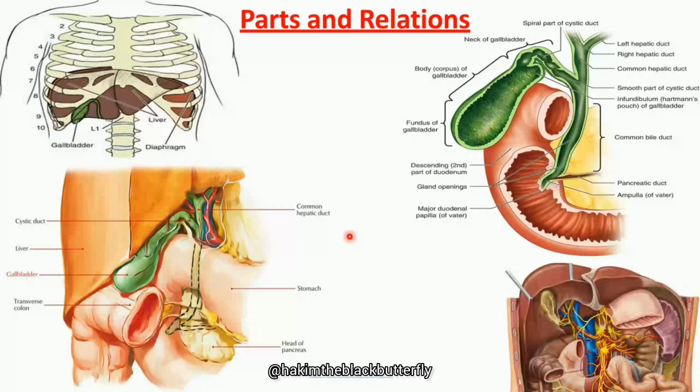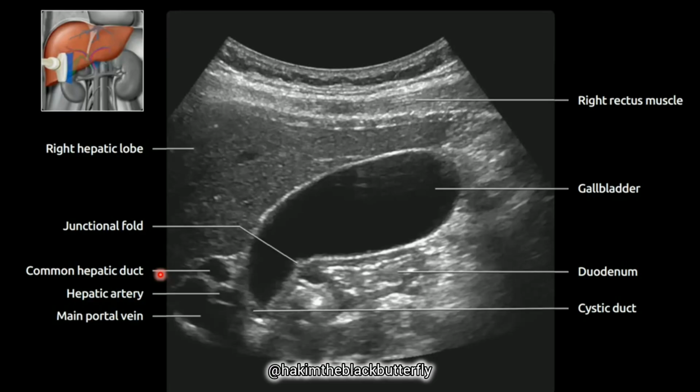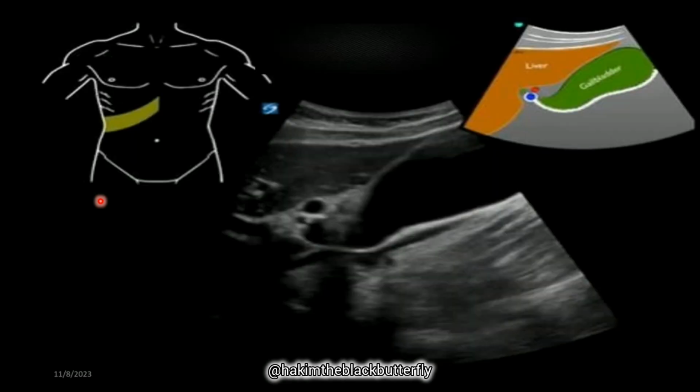As we've seen in this image, the duodenum lies posterior to the gallbladder. Okay, so all that can be appreciated. Those are the relations of the gallbladder.